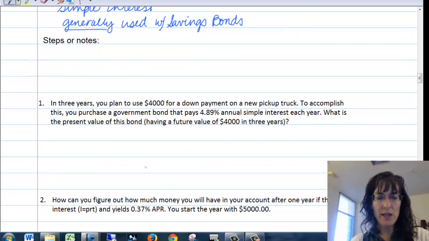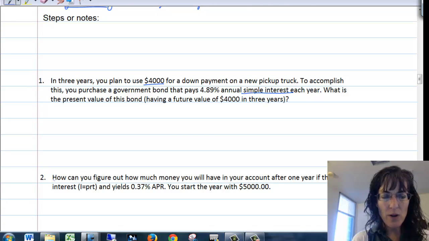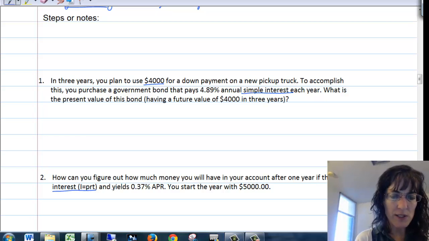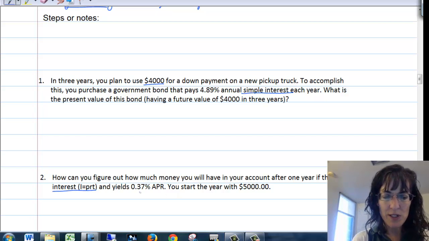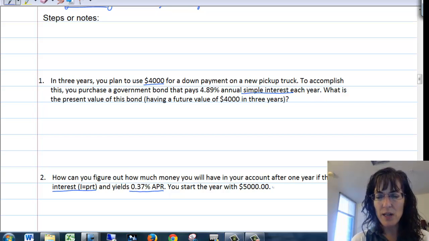We have 2 examples. Now on number 2, it says, how can you figure out how much money you will have in your account after 1 year if the account uses simple interest? And there's the formula that you can use for simple interest, and it yields 0.37 percent APR. You start the year with 5,000.